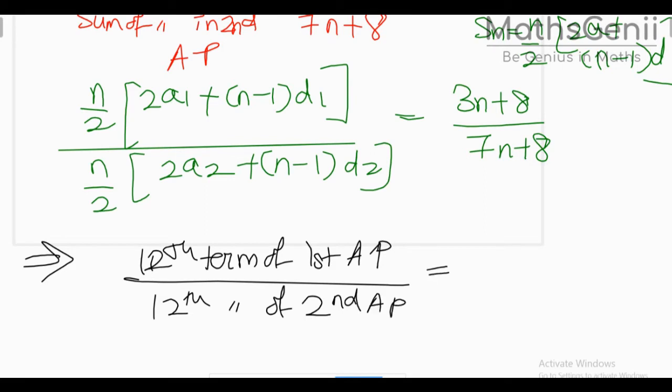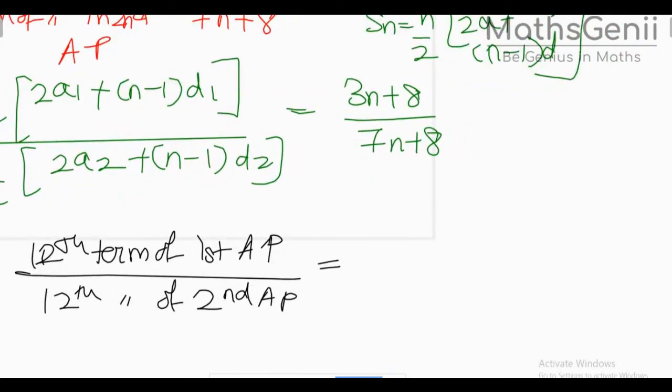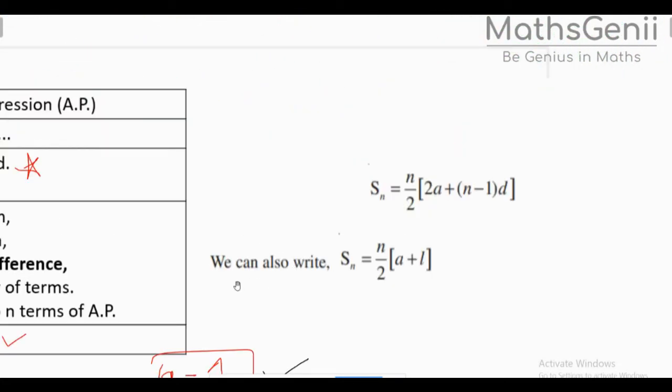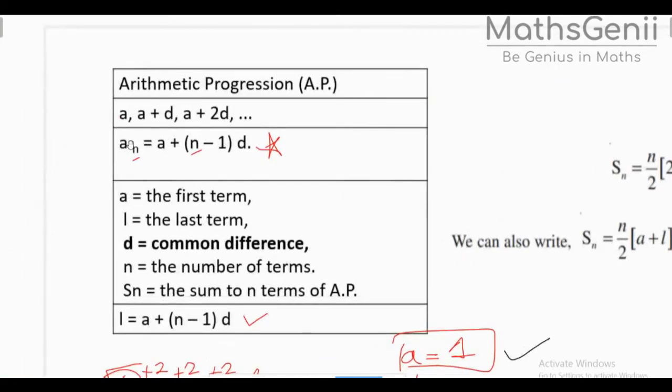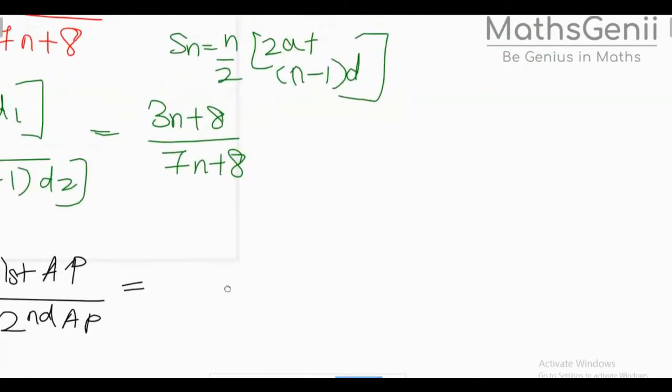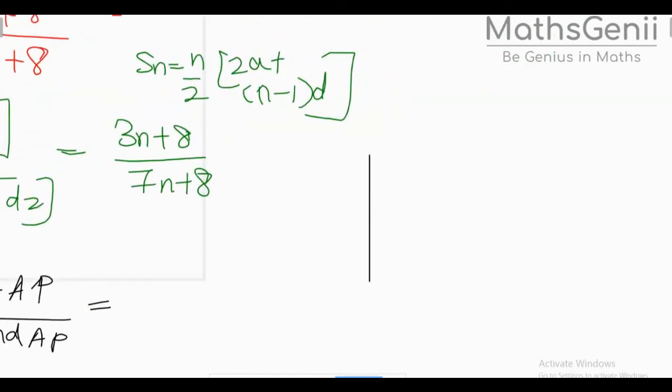I know one formula, correct? For the nth term, I know one formula. Go back to the formula sheet. What is the formula? an is equal to a plus n minus 1 d. So let's just do a rough calculation here. I have to find which term? I have to find the 12th term.